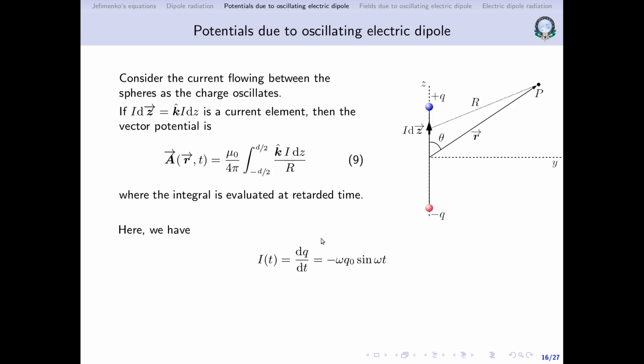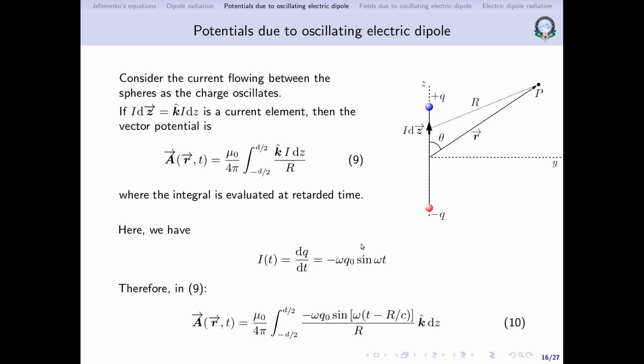Current will be simply the rate of change of charge, so I is equal to dq by dt. When you differentiate q naught cos omega t, you will get minus omega q naught sin omega t. That is going to be the current that we have here. So in this equation, all we need to do is substitute, taking this time as the retarded time.